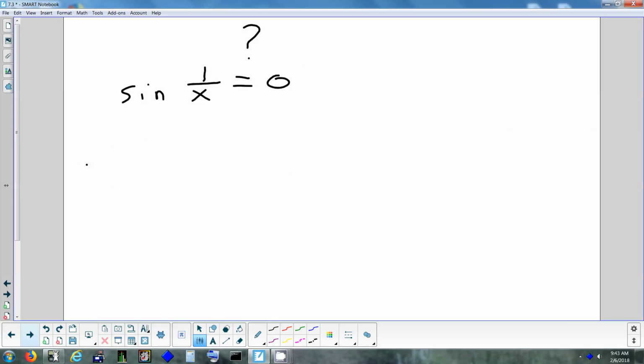Think about the graph of y equals sine of x. Just the basic one. Does anybody remember a value for x that gives me a y value of 0? What's one number you can plug in for x and get 0 for y on the graph of sine?